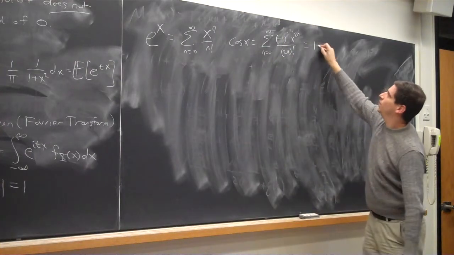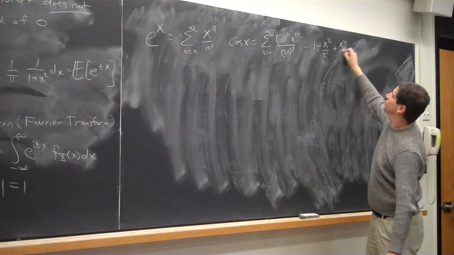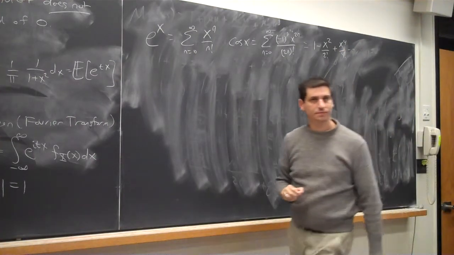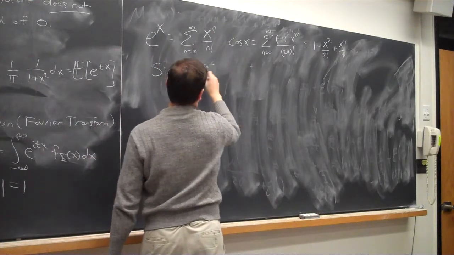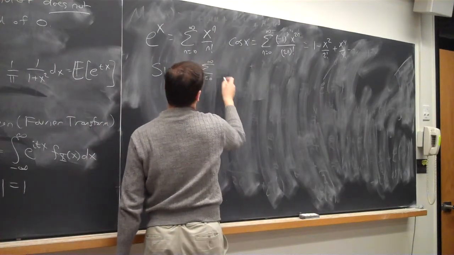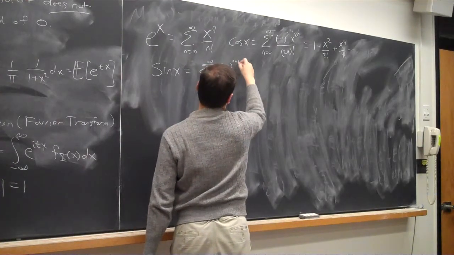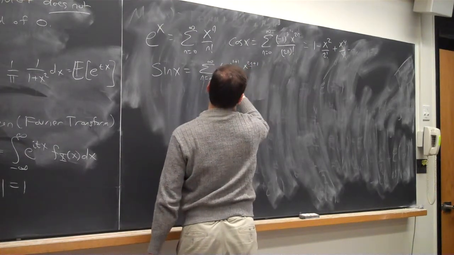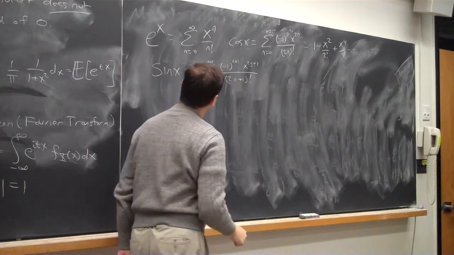And this will give you 1 minus x squared over 2 factorial plus x to the 4th over 4 factorial, dot dot dot. Sine of x is the sum, n goes from 0 to infinity, of negative 1 to the n, x to the 2n plus 1 over 2n plus 1 factorial.